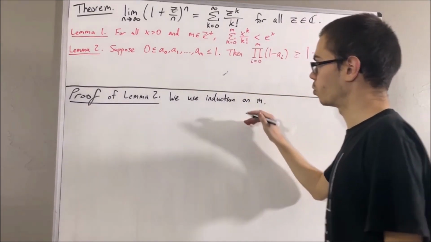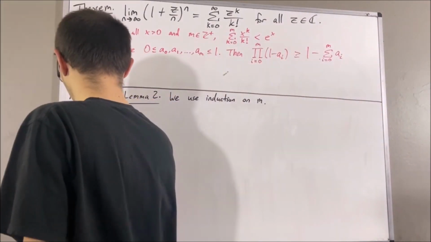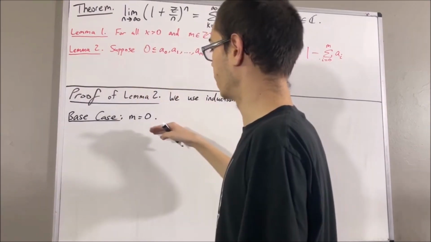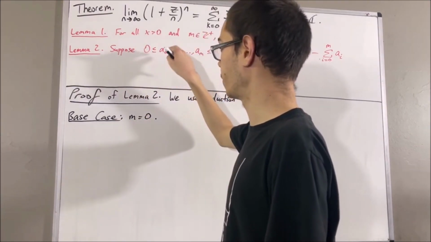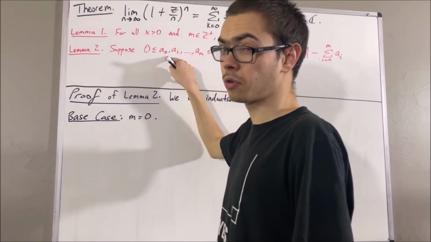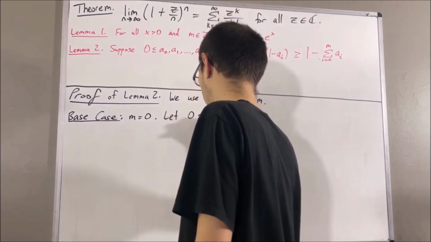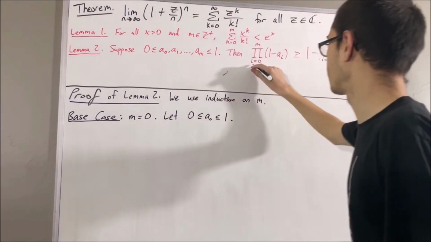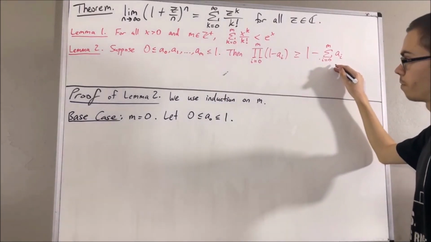So, the base case will be m equals 0. Now, in the case m equals 0, we're going to give ourselves a real number, a0, between 0 and 1. From here, we want to show that this inequality is true.